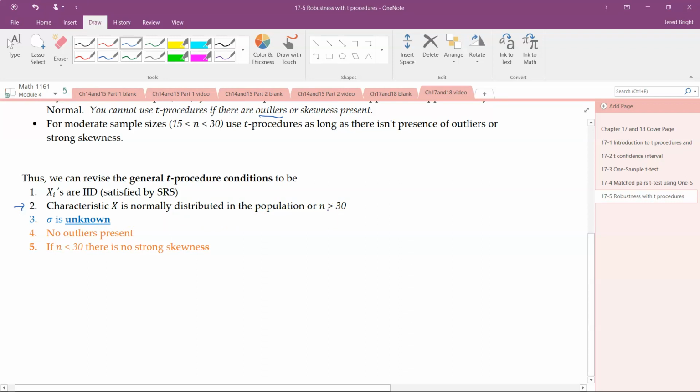But consequently we also need that there are no outliers, and then if we have a smaller sample size, no strong skewness. These are the 5 rules that we can generally use. So check those. The previous 3 are generally okay, that we have been using up until this point, but these 5 will definitely make sure that you're okay.